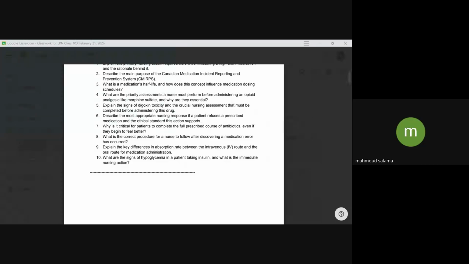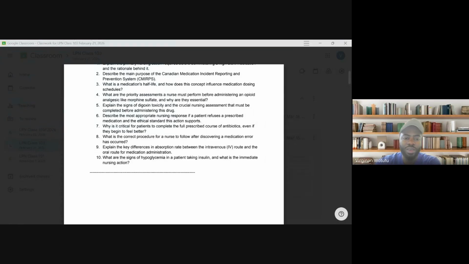And treatment failure. Yes. So antibiotic resistance is a very, very serious case. Even if you're feeling better, it's important you complete the medication regimen to completely do away with the bacteria in the system.